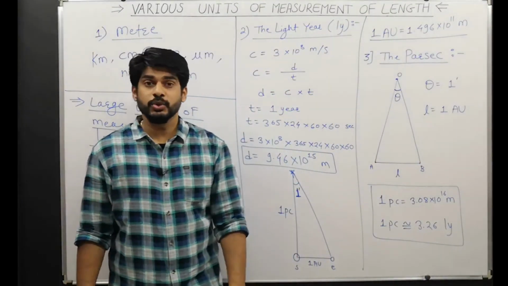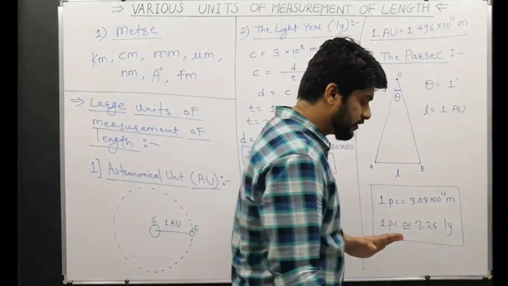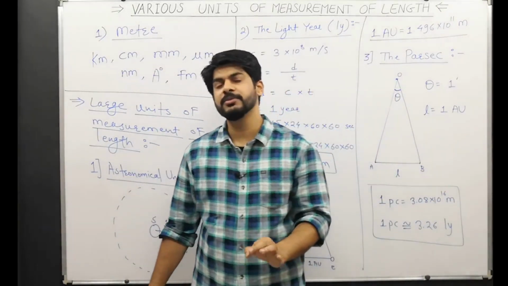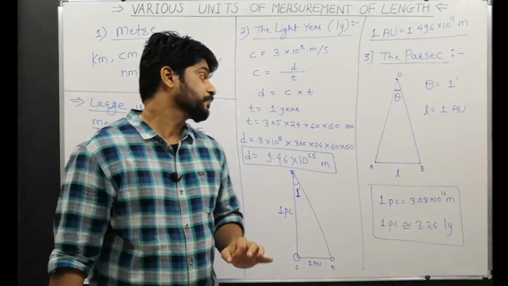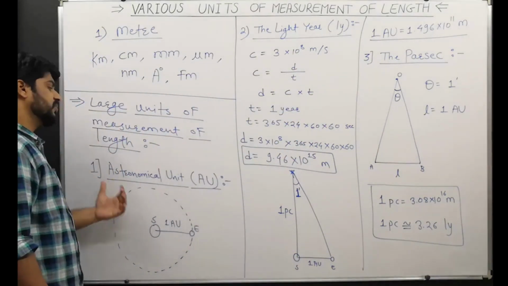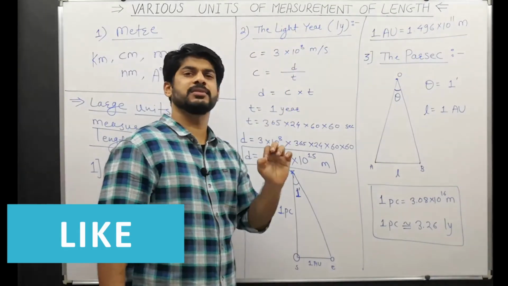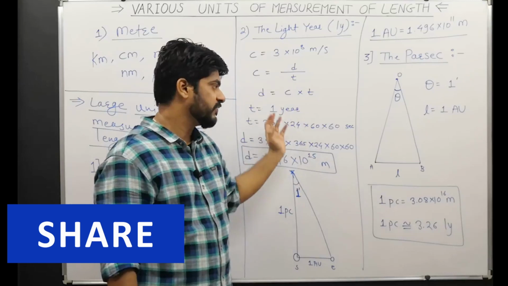So these are some units of measurement of length. I hope this is clear to everyone. I hope you understood what is parsec, what is light year, what is astronomical unit. In most cases, this one is mostly used actually. This is very famous.